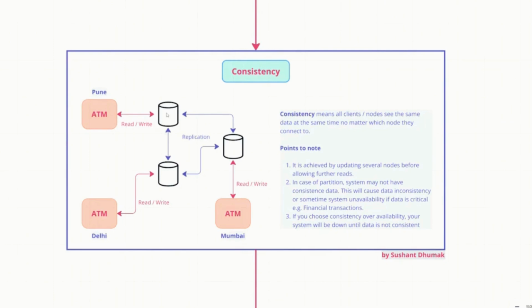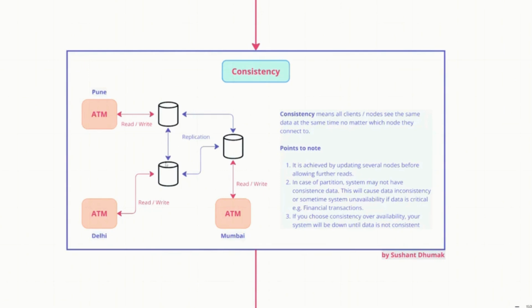Then maybe in 5 or 10 minutes, my friend goes to an ATM located in Delhi and checks his account, and he is able to see that the amount has been credited. That is an immediate response. Same for the Mumbai location. My friend will be able to immediately see that the transaction is completed and he or she has received the money.